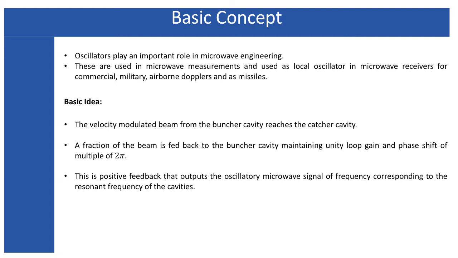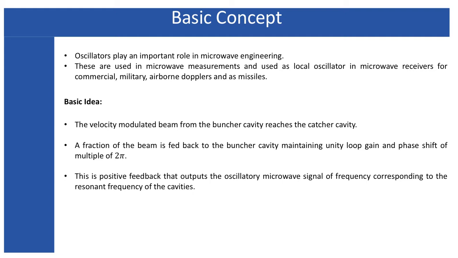Now, in designing the oscillation, we need positive feedback, and in order to achieve that, a fraction of the electrons leaving the catcher cavity should be reflected back to the buncher cavity, so that the loop gain is unity and the phase shift is a multiple of 2 pi. This is the condition for loop gain and phase for positive feedback.